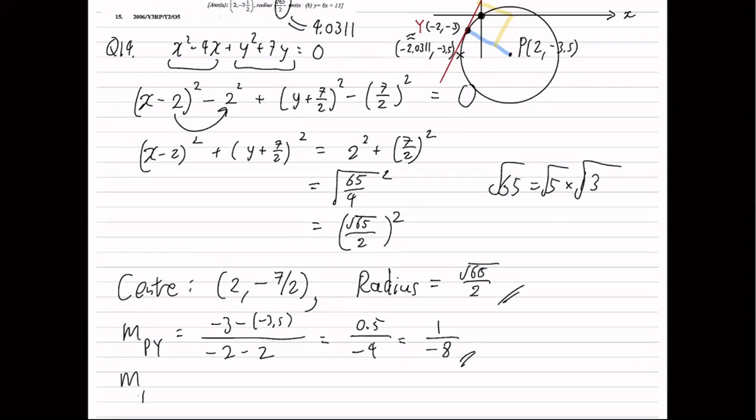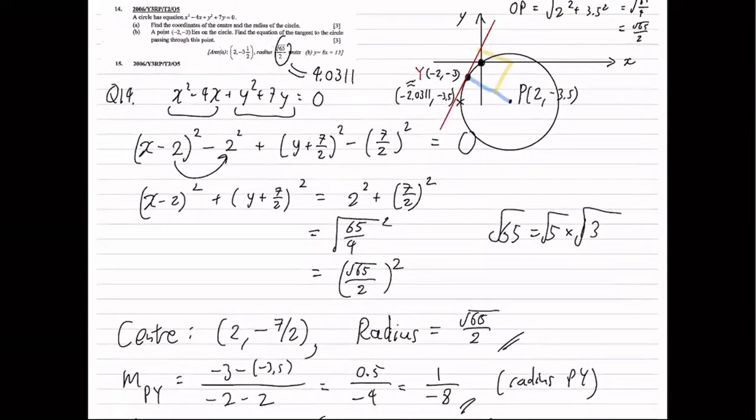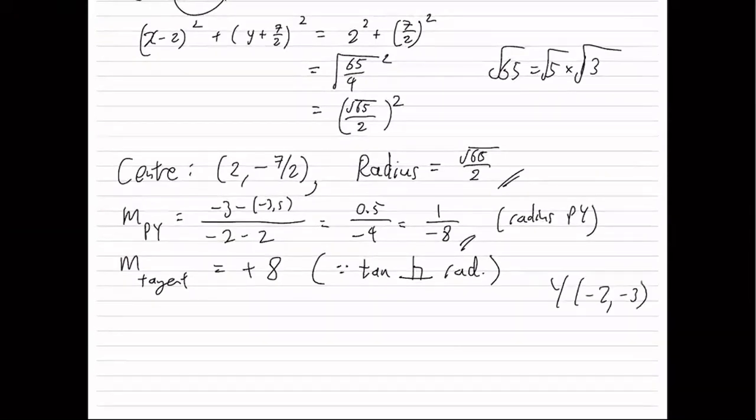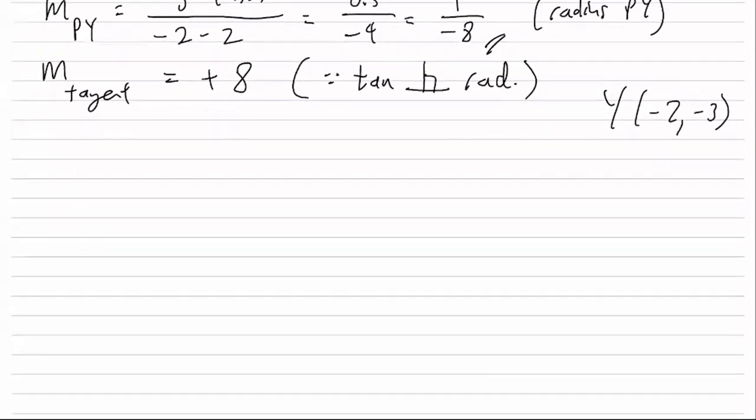So that means the gradient of the tangent, which is perpendicular to the radius PY, will be +8, because the tangent is perpendicular to the radius. Is that okay? Yep. So now that you have the gradient of the red line, the tangent, you just need to use the point -2, -3.